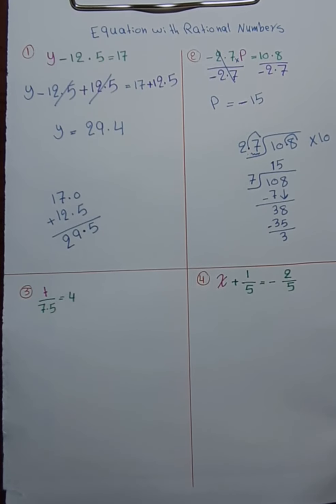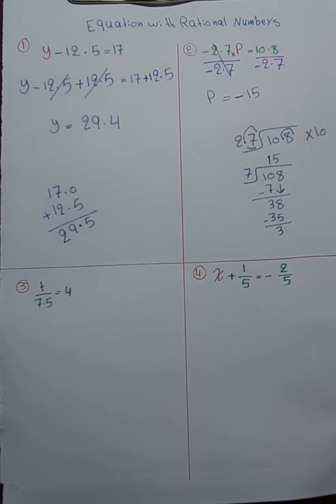Example number 3, we have t divided by 7.5 equal to 4. For finding the value of t, if we have a division, we have to multiply both sides by the number that is with the variable.